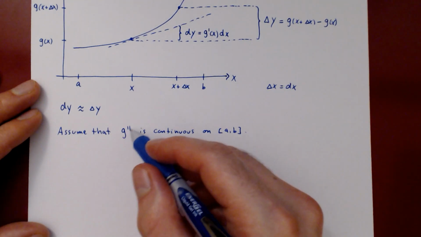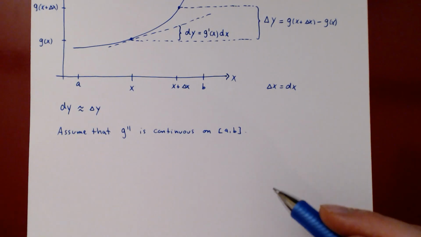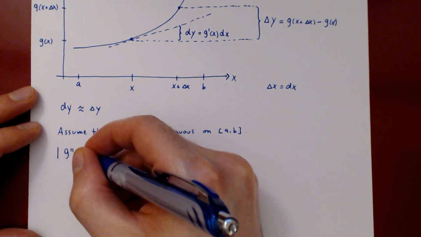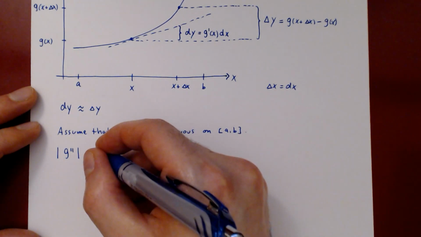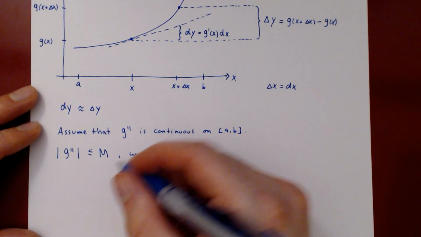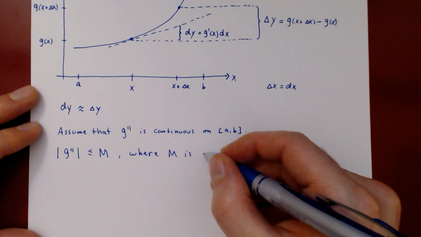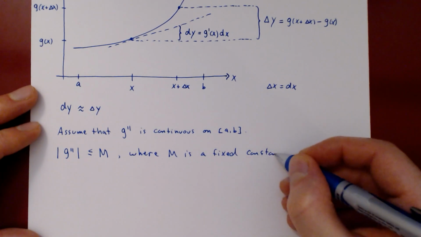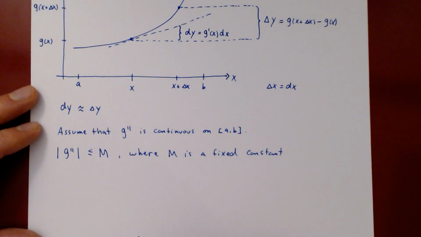Now, since the second derivative is continuous on this interval, so will its absolute value, and therefore, by the extreme value theorem, the absolute value of the second derivative will achieve a maximum value on the interval from a to b, which means it will be bounded absolutely by a fixed constant, say m, for any point inside of a, b.